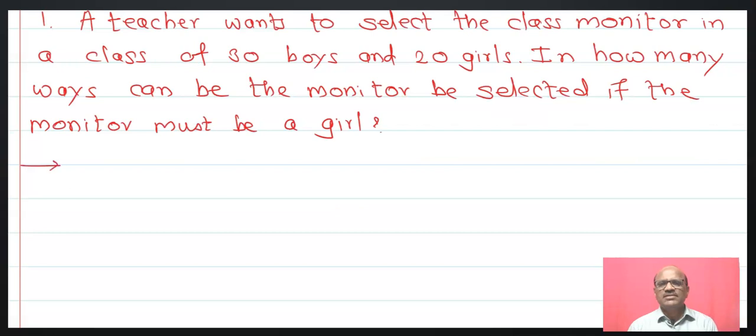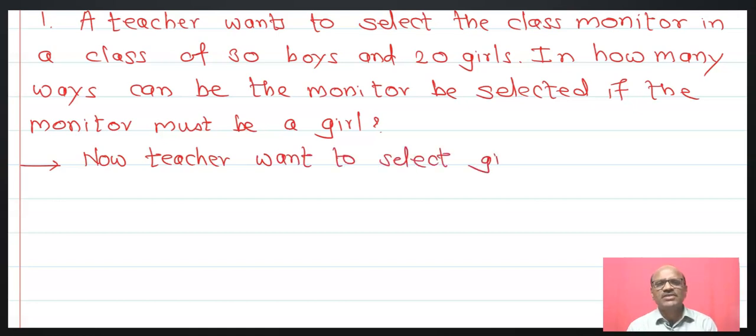Now in this case, in a class there are 30 boys and 20 girls, and the teacher wants to select the monitor only from the girls. Therefore he can select in 20 ways.